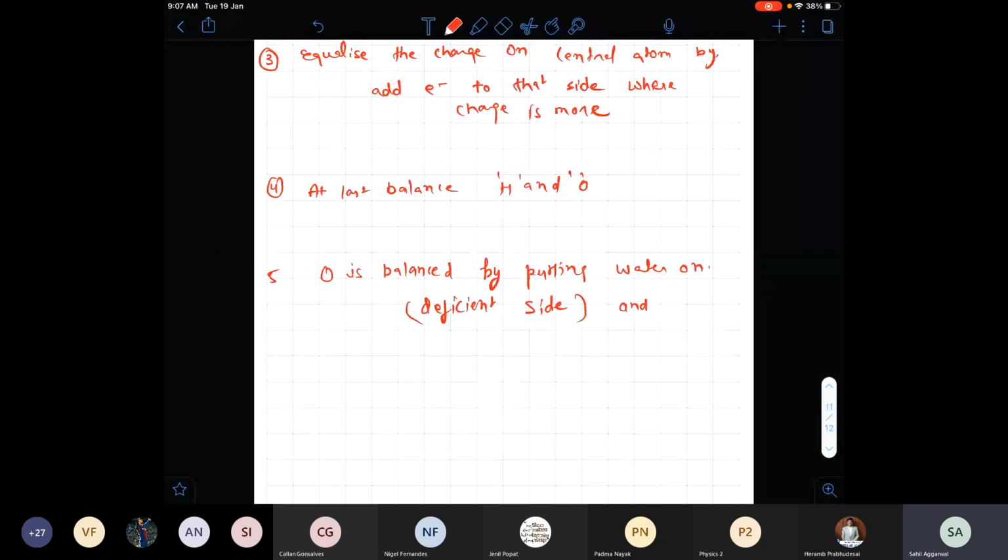Add hydrogen on the other side to balance. Add H plus on the other side to balance total hydrogen.